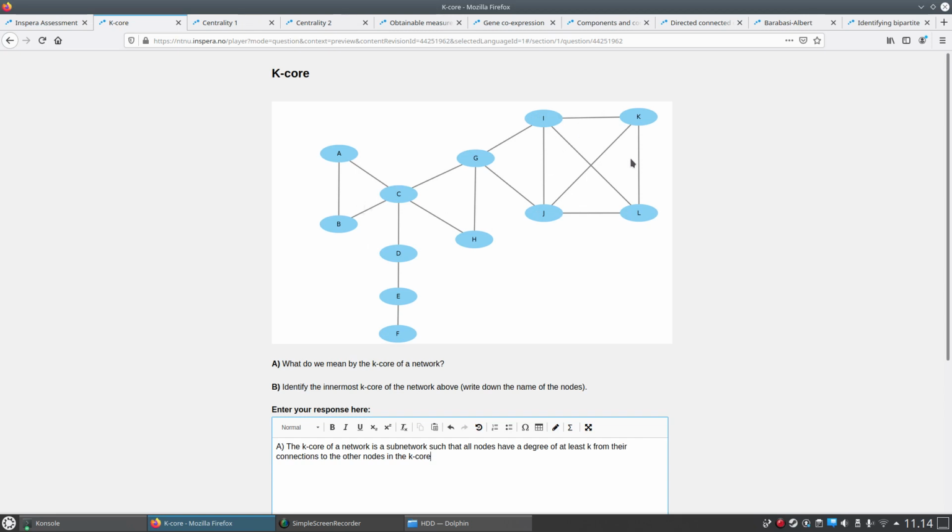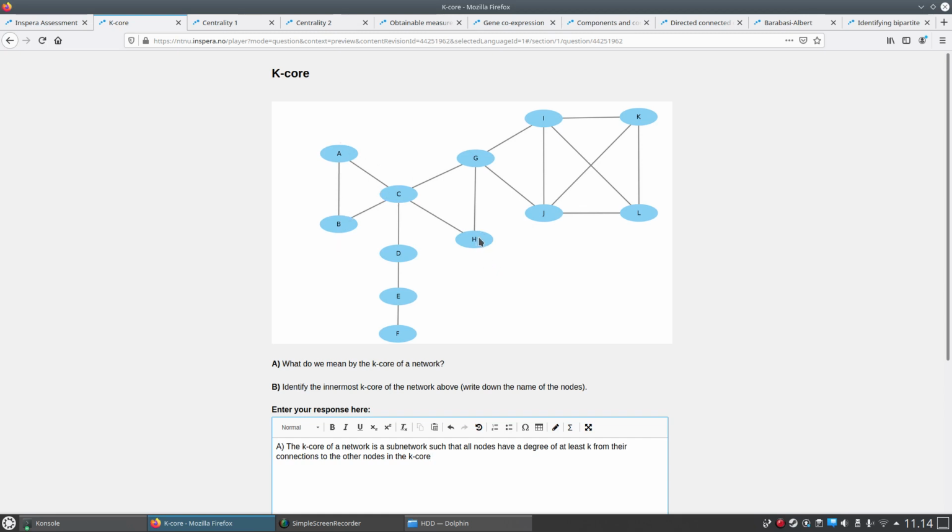If we then try to go one further and we take the 3 core, by removing all the nodes with degree of 2, and then doing that recursively for all the new nodes that get their degree reduced to 2, we'll see that A and B have a degree of 2, so they go away.